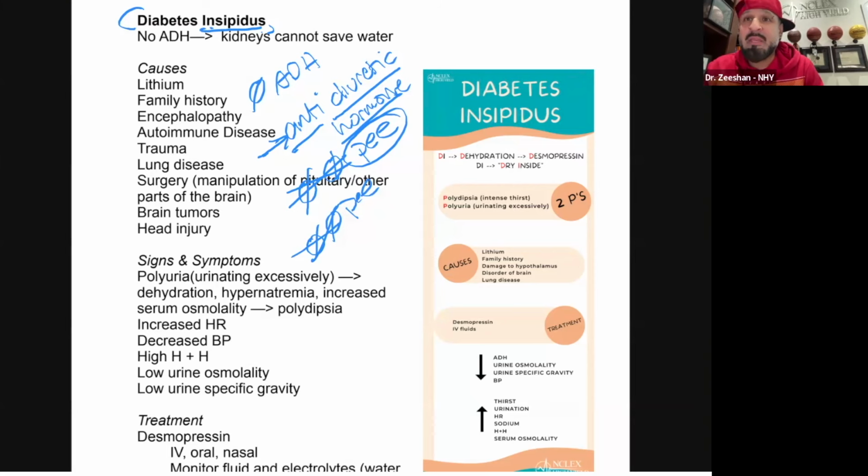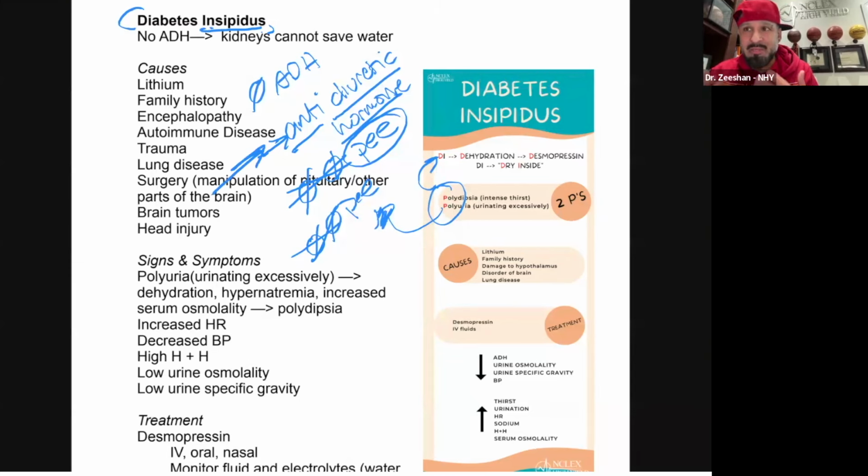And now all I do is pee, which is where we get the two P's of DI, of diabetes insipidus, which is polydipsia, polyuria. I like to think of it the other way around. Polyuria, meaning all I'm doing is peeing because I have no antidiuretic hormone.